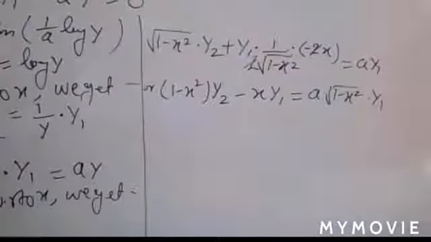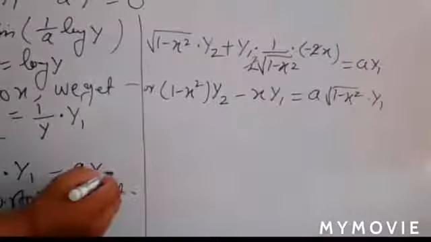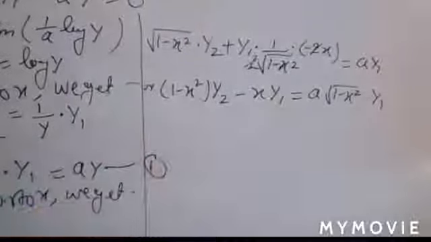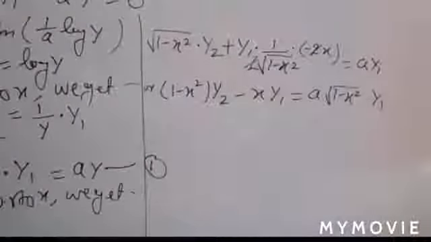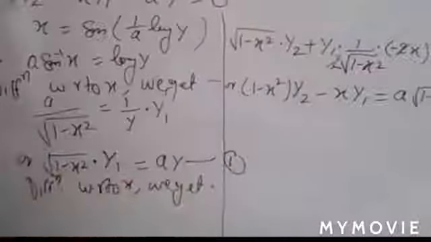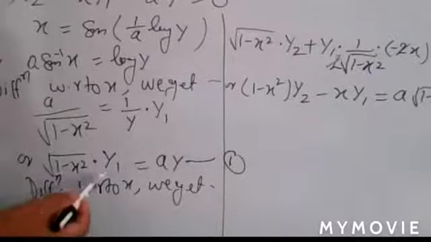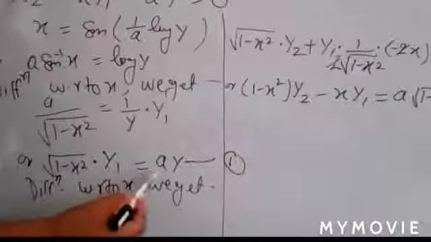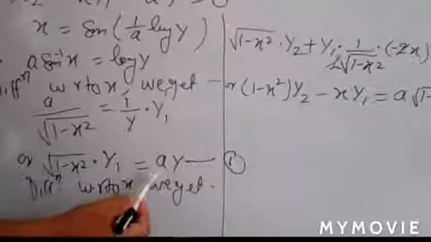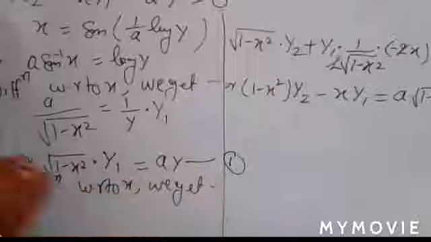Take this as the first equation. From the first equation, under root 1 minus x square into y1 is equal to ay.